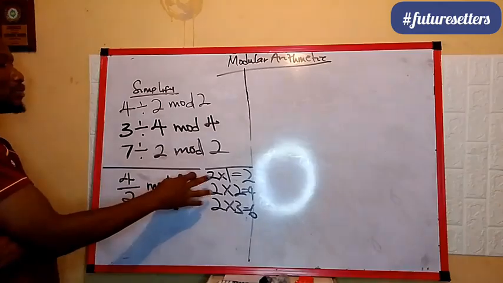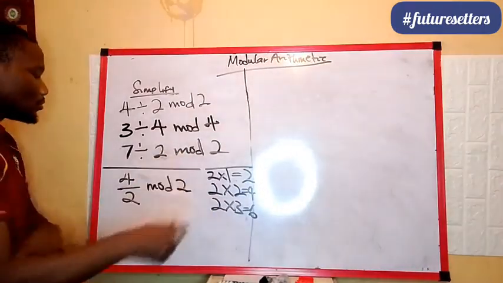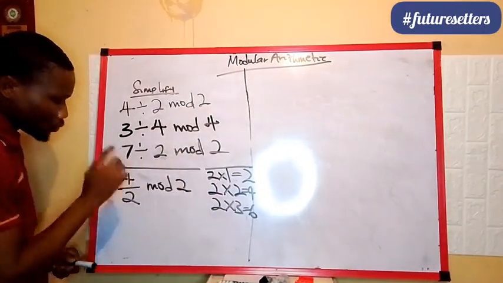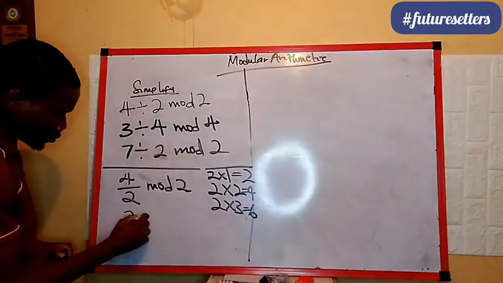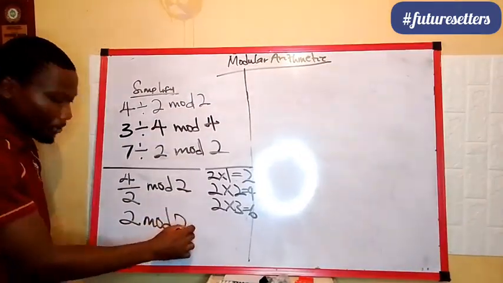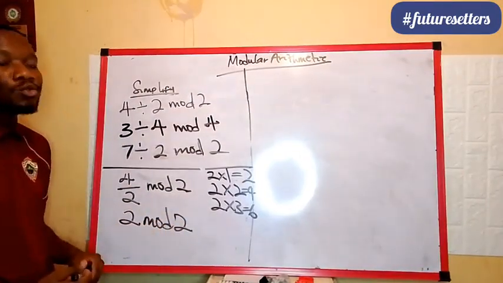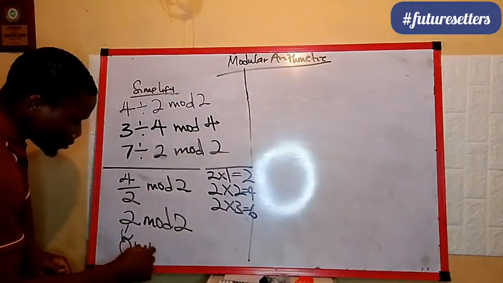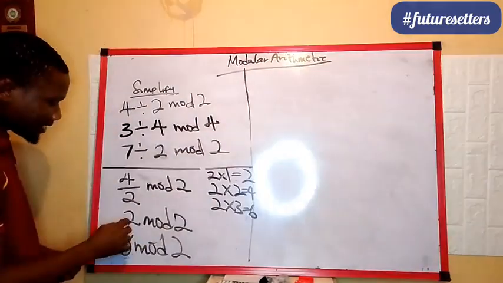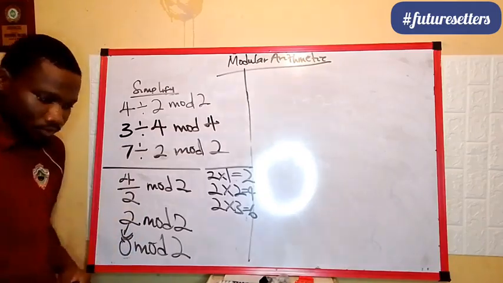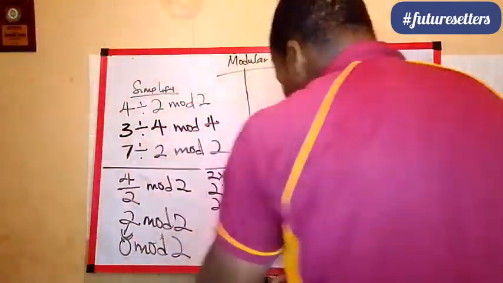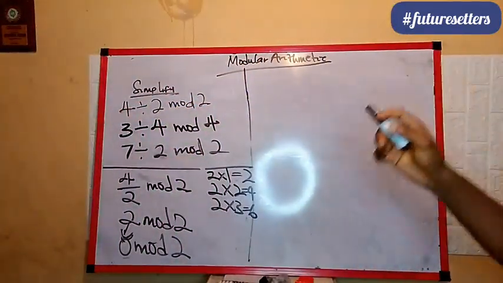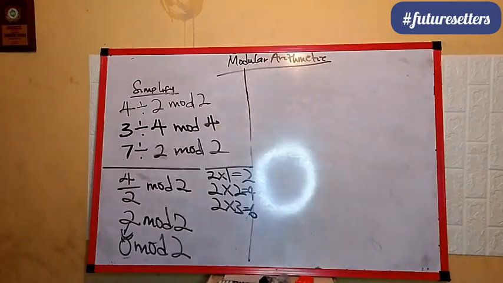All you will observe is that 4 divided by 2 normally will give us 2 mod 2. But like I said, we cannot have 2 mod 2. This 2 will become 0 mod 2. So our answer in this case will be 0 mod 2.